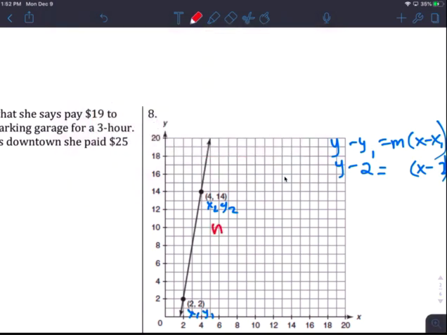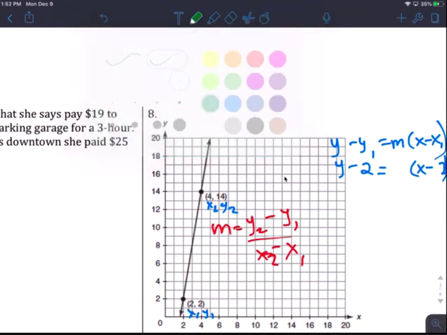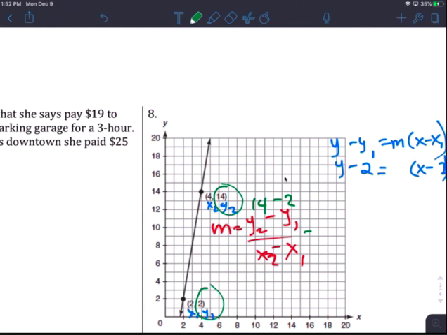Finding rate of change is y sub 2 minus y sub 1 over x sub 2 minus x sub 1. Okay, y sub 2 is 14 minus the 2, which is 12, and 4 minus 2 over 2, so m is 6.